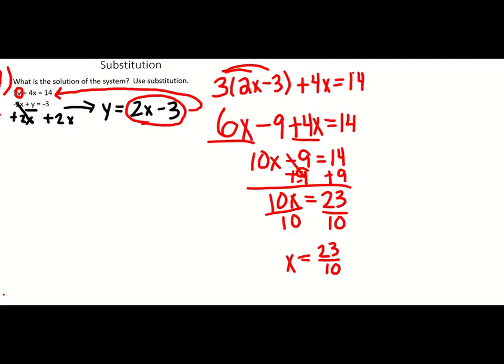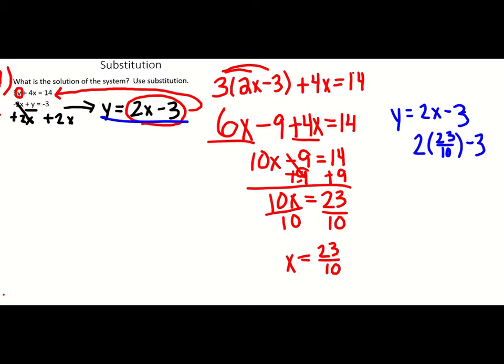So I'm going to take my equation, y equals 2x minus 3, and plug in 23/10 for x. So 2 times 23/10 minus 3. And I'm going to solve this equation to figure out what y is.